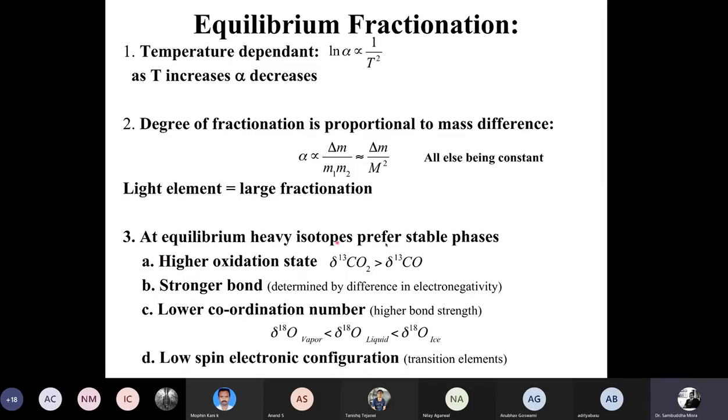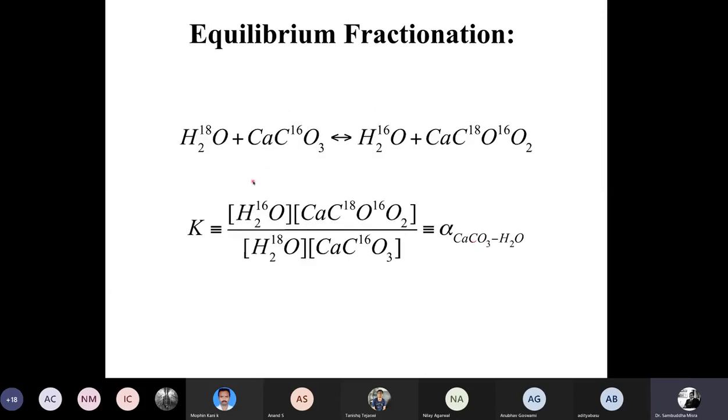Everything which leads to stability of the particular compound will be preferred by the heavy isotope. As we observed in the first example we started with, 18O from water is skipping to calcium carbonate and sitting in calcium carbonate. This is the enrichment of the solid phase compared to the liquid phase.